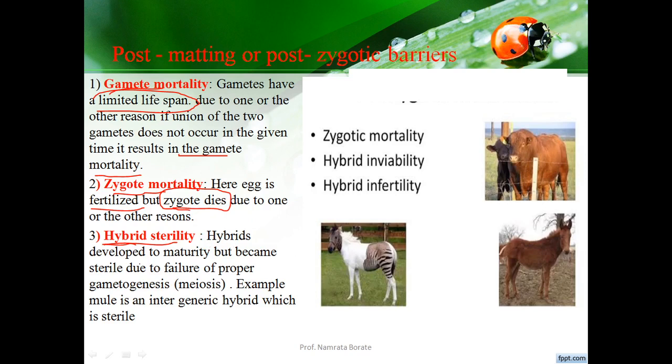The hybrid develops to maturity, but it is sterile due to failure of proper gametogenesis. There is no formation of proper gametes. For example, the mule, a cross between the horse and the donkey. It is an intergeneric hybrid which is sterile.